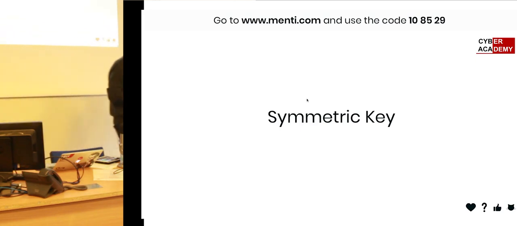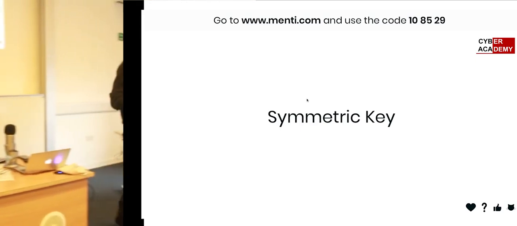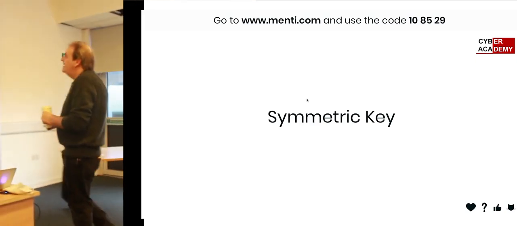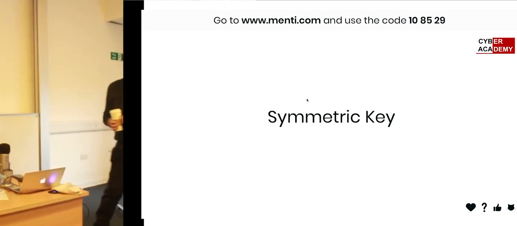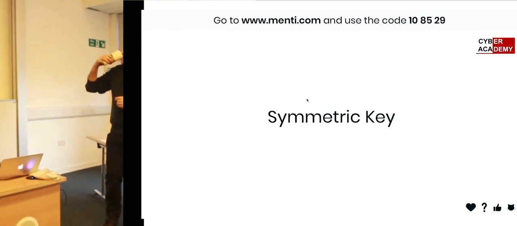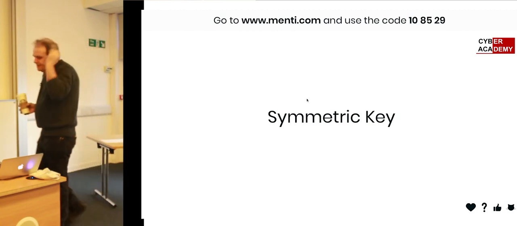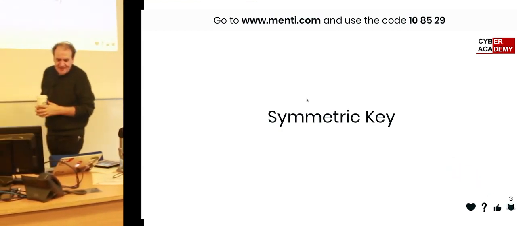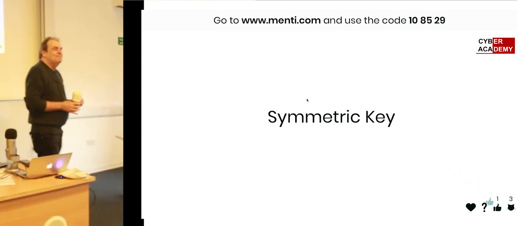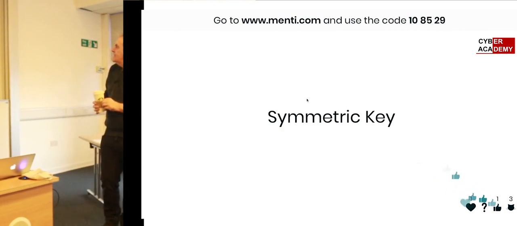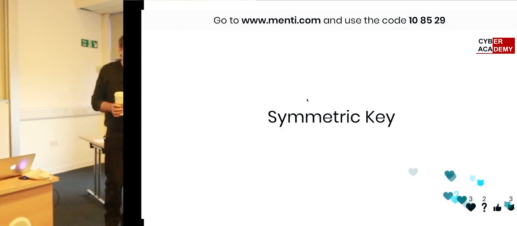Okay, so if you go to menti.com, yeah, if you can, that's okay. So if you go to menti.com and put in that code. That's it, got it. Good, 5 connections.